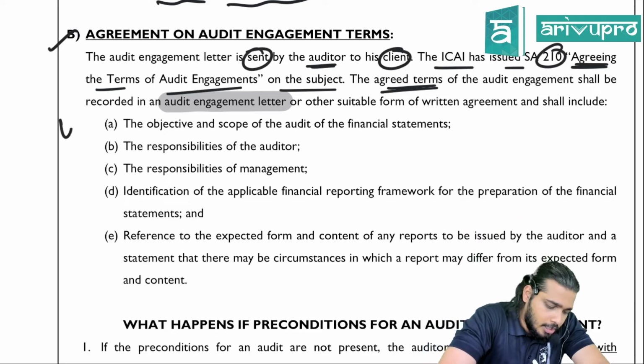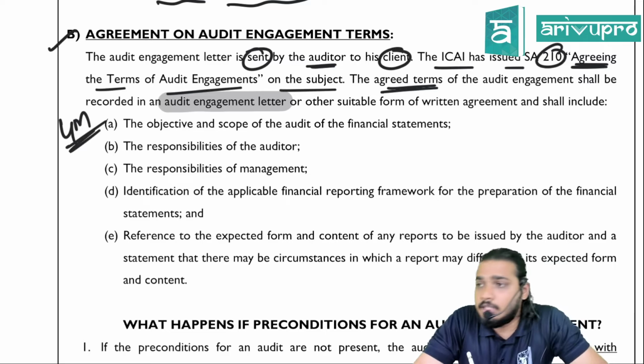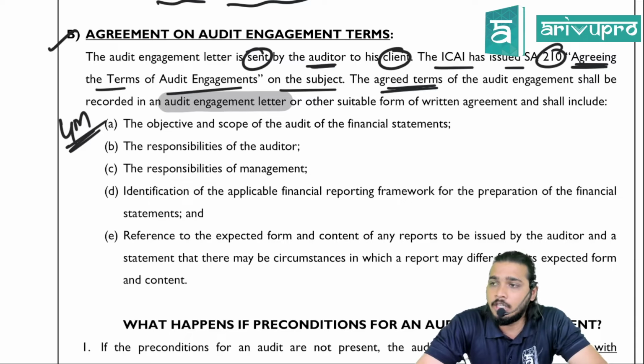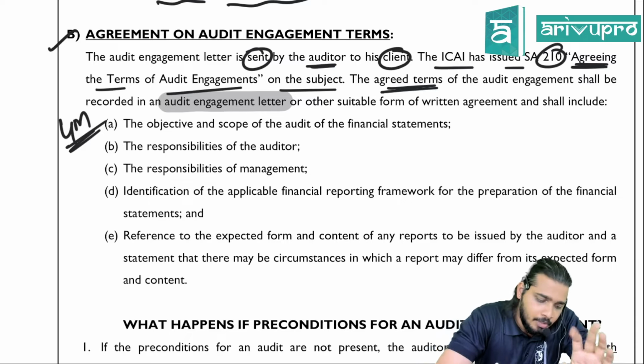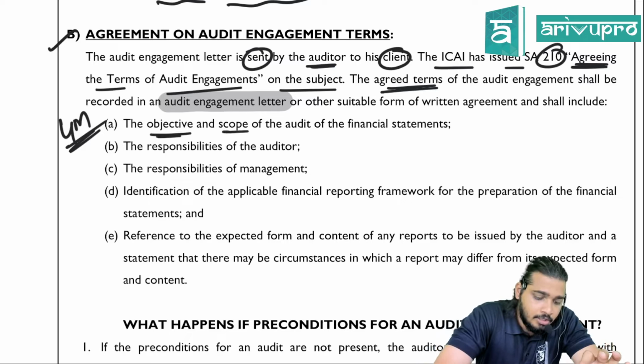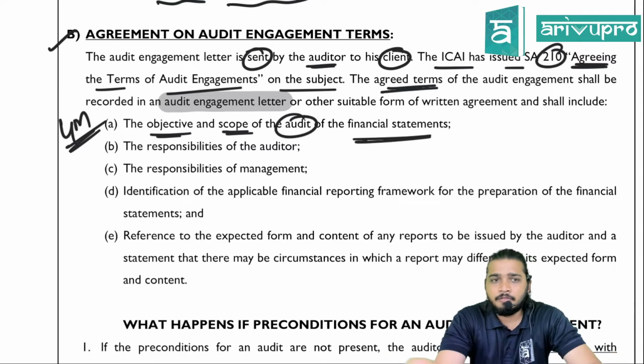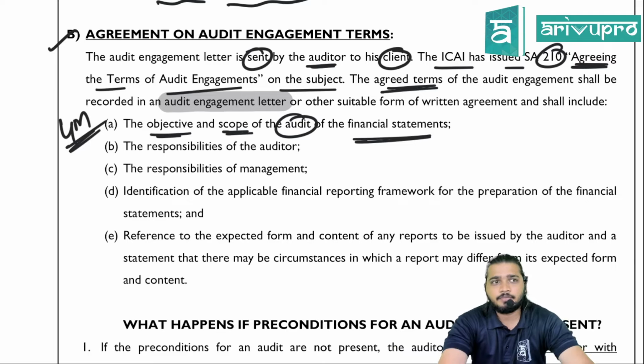A 4 marks question they can ask you: what are the contents of audit engagement letter, or what matters should be mentioned in audit engagement letter. Number 1, objective and scope of audit of financial statements. Objective: what are the objectives?